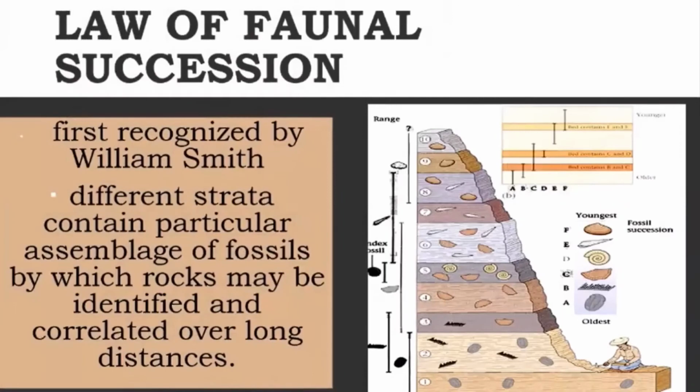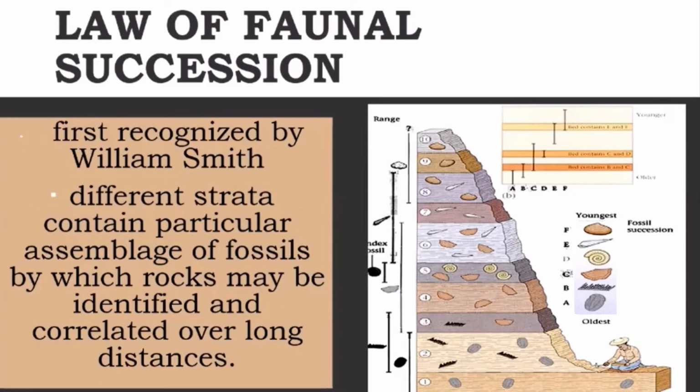And the last one is the law of faunal succession from the fossils, which was first recognized by William Smith, that in a certain rock there are different strata contained in it.